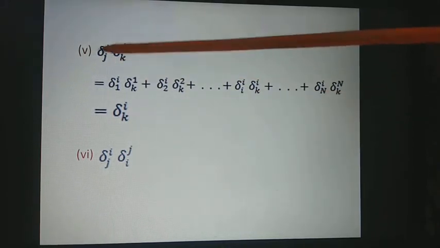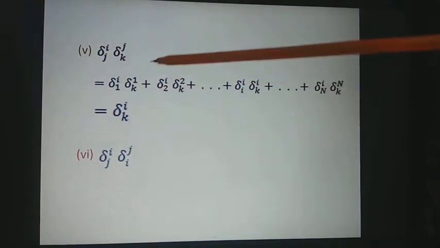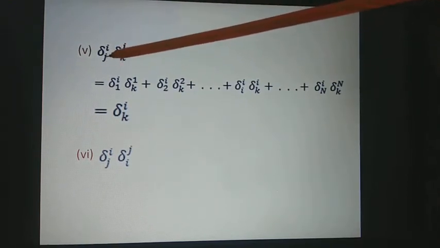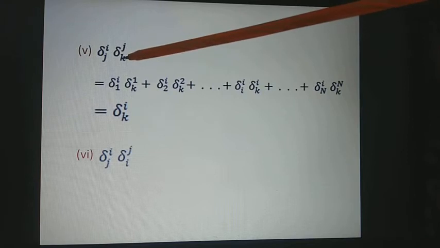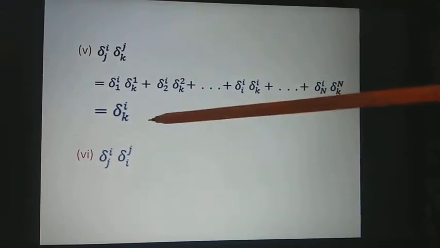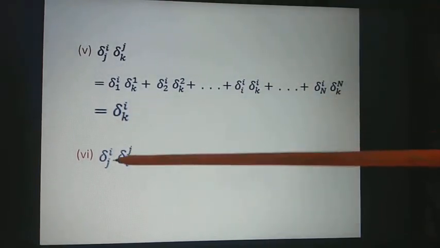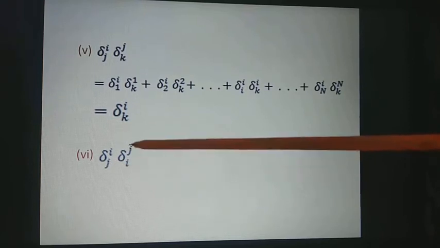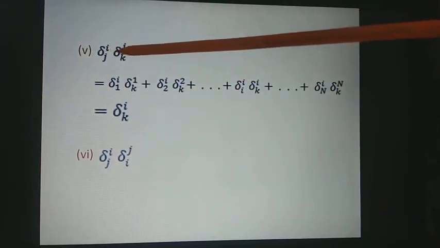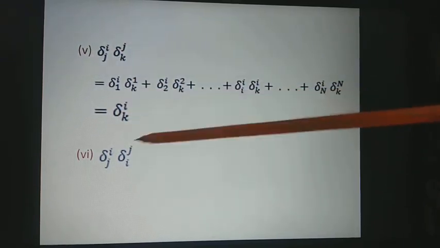Here also there is the product of two deltas, and this is equal to delta Ik, means this J gets absorbed. Similar to that, in place of this J we will write this I, and we get delta Ik.